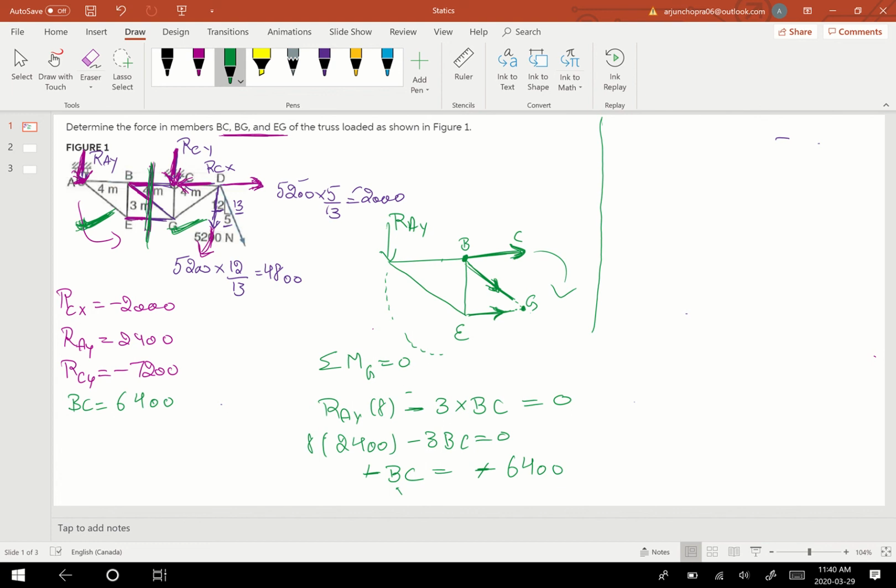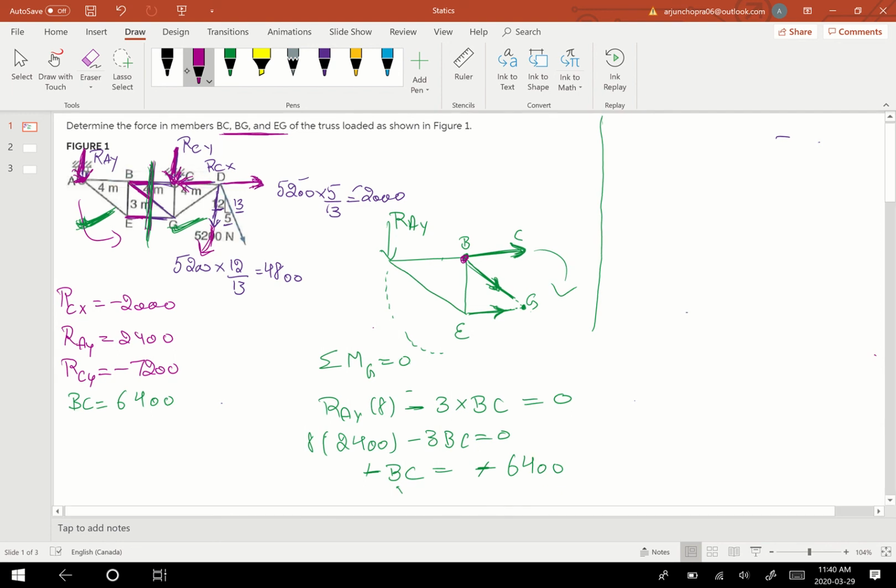What I can do now is take the moment about point B. If I take the moment about point B and write down the equation, it will be EG times the perpendicular distance, which is 3. BG is passing through point B, so that will become 0, and then I can easily find the value of EG.